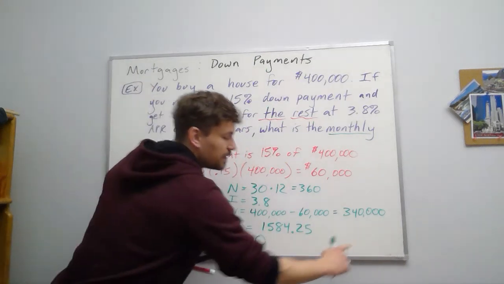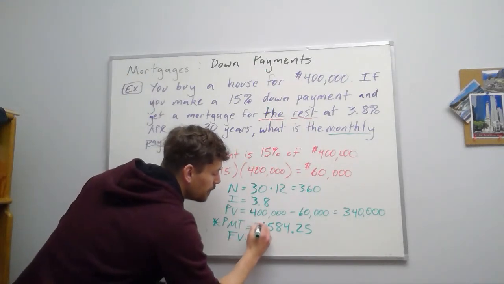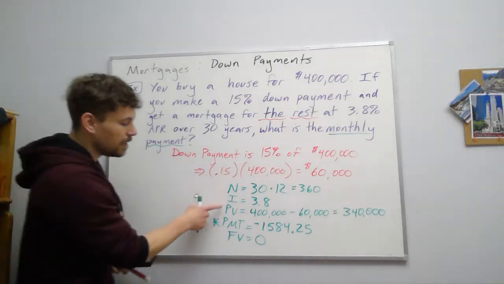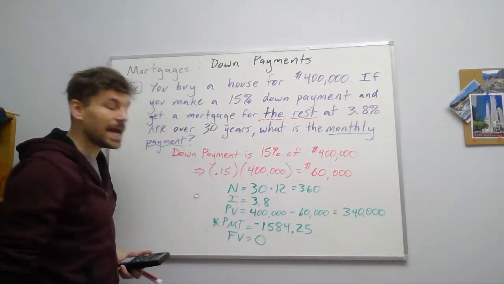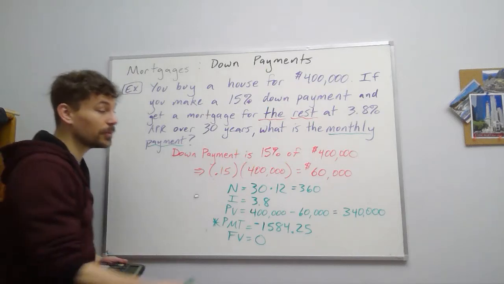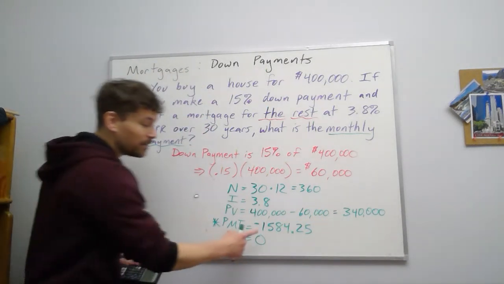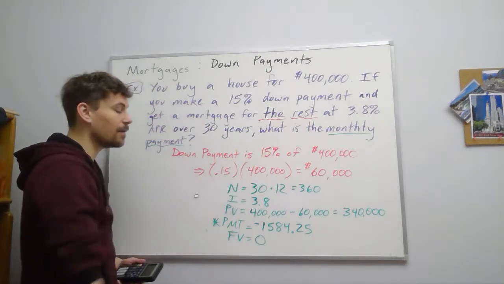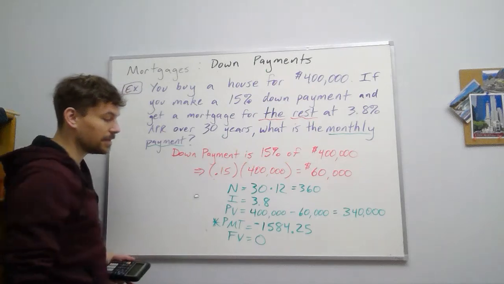This number oftentimes will keep going, so we have to round that one. And the other piece of this is that if we made our present value positive, these payments are going to be negative. That can account for the fact that we were given this money at the beginning to cover the cost of the house. Now we have to pay it back, so it's coming out of our pocket. We're making payments out.